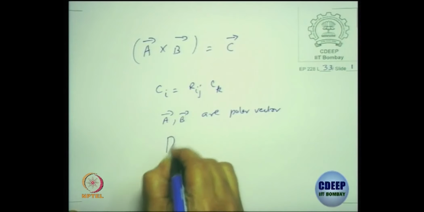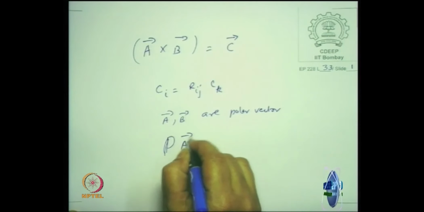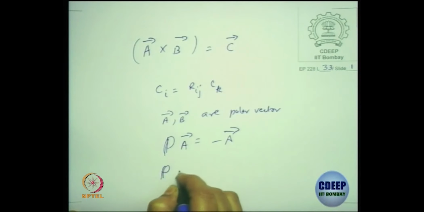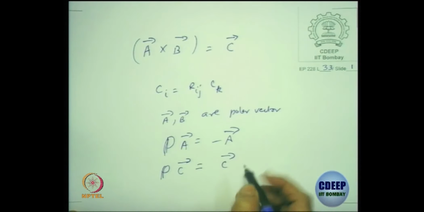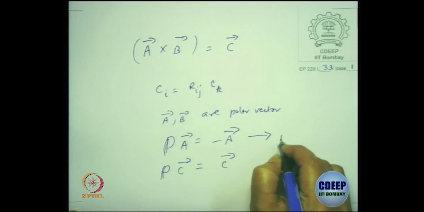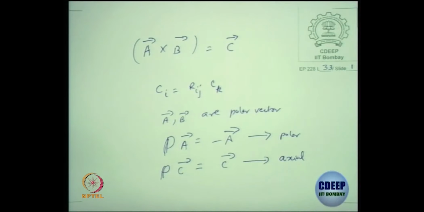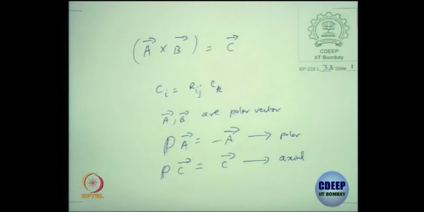Under parity, A will give you minus A, but parity on C will be C itself. It doesn't change sign. This is why one is called polar and the other axial. And C as well as A or B transform under rotation exactly the way the position components transform. There is no difference.